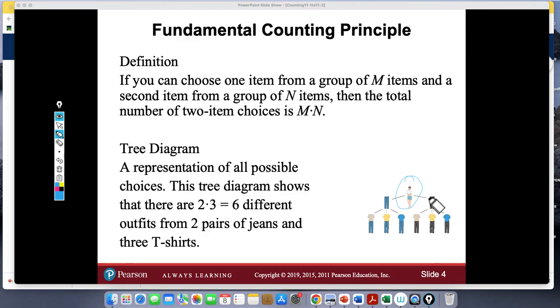And with each of those jeans, to be fully dressed, we've got our pants on and we got a shirt on. And then he's got three different colored shirts. And so to think of how many different outfits he could have with this setup, well, there are two pants and another choice of three shirts, so 2 times 3 gives us 6 different outfits, right?